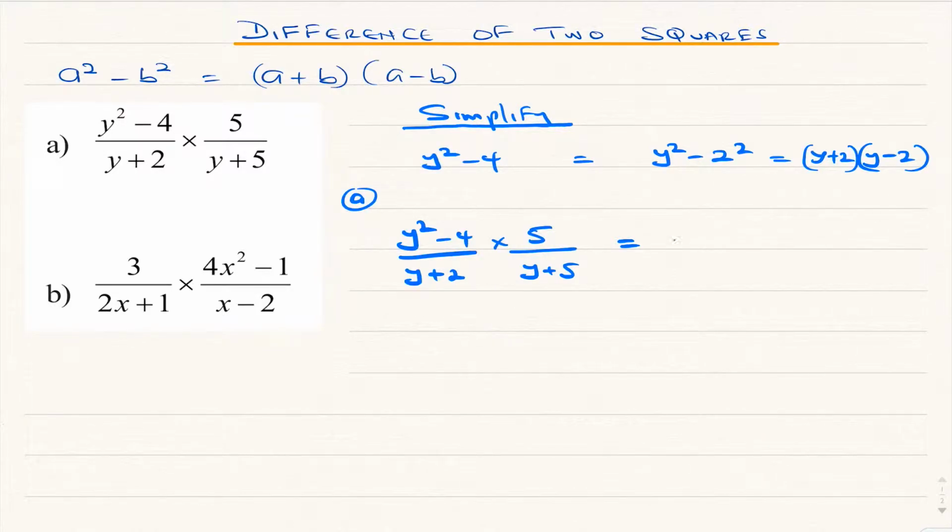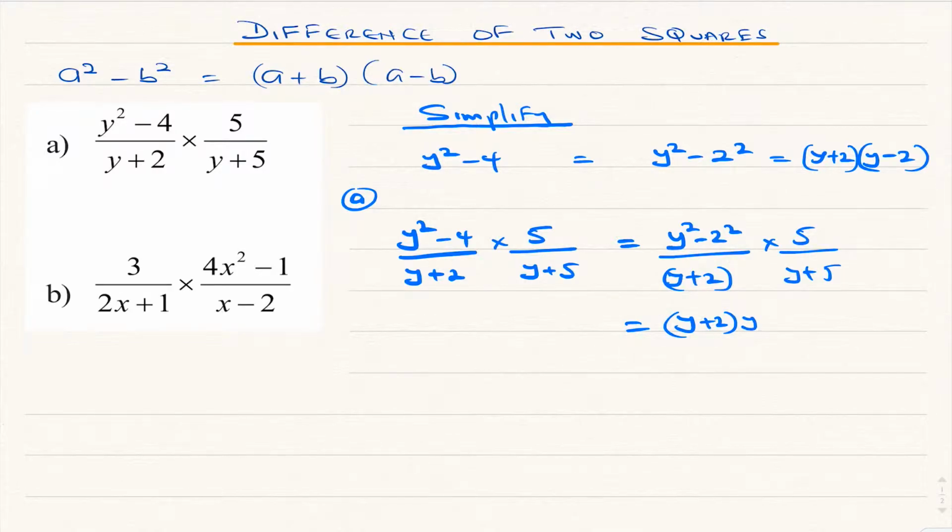But we know that y squared minus 2 squared over y plus 2 times 5 over y plus 5 becomes, by difference of two squares, y plus 2, y minus 2 over y plus 2 times 5 over y plus 5.